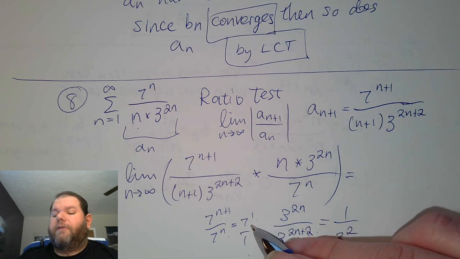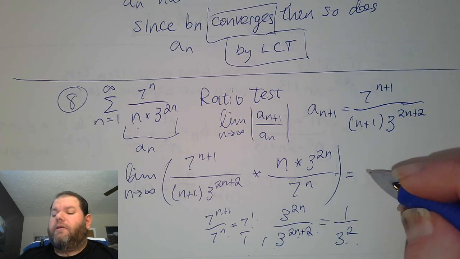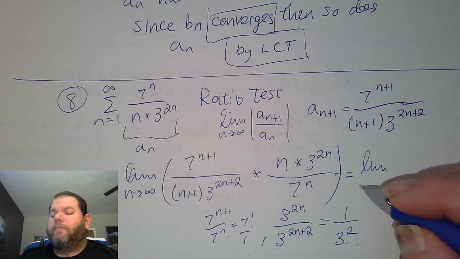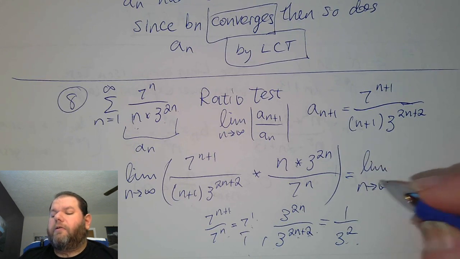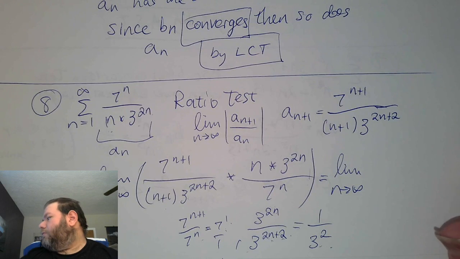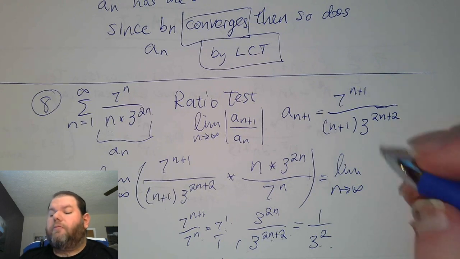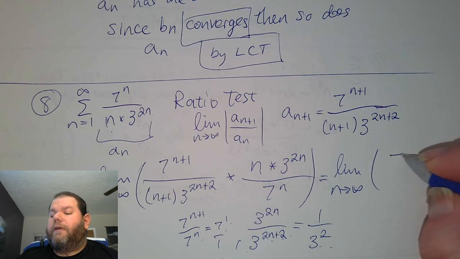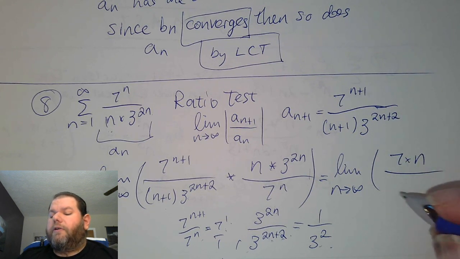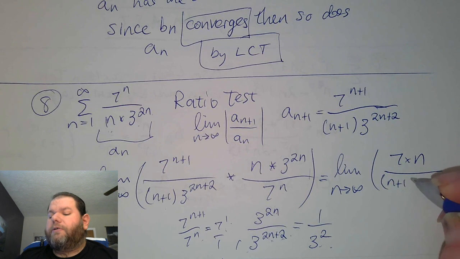So that'll be a 7, that'll be a 9. So we'll get 7 times n on the numerator, and on the denominator we'll get n plus 1 times 9.